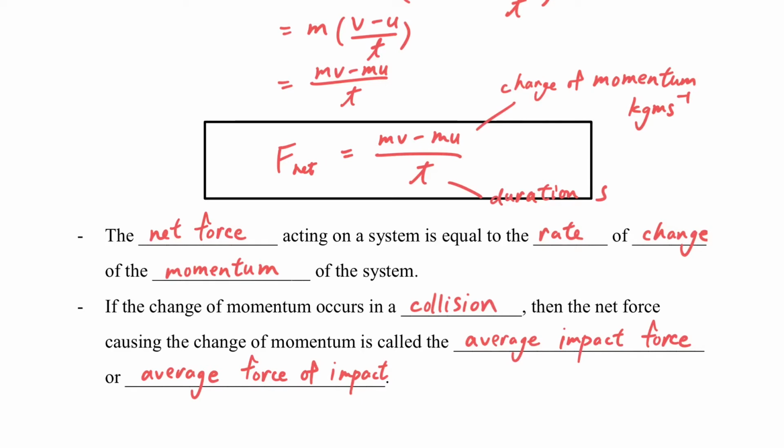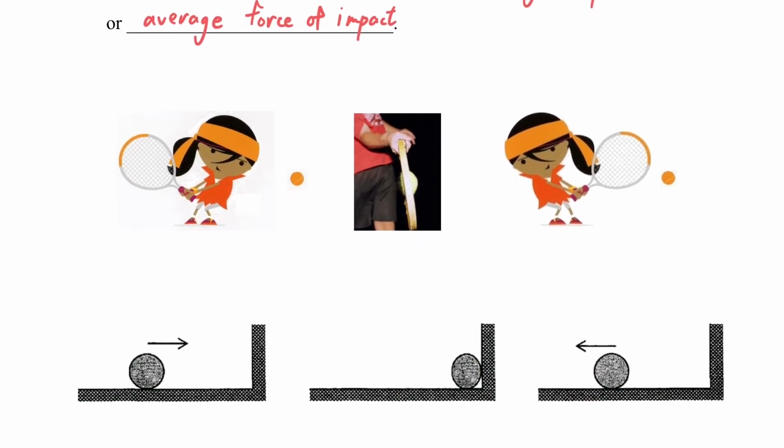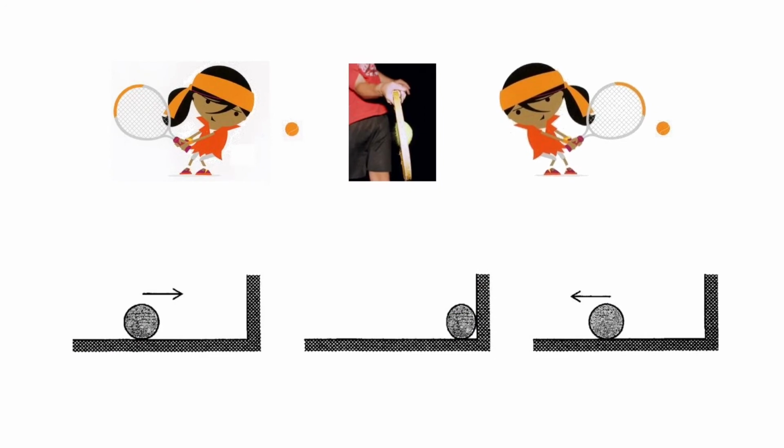Let's consider this. If we have a person playing tennis, for example, the ball with velocity u flies toward the person, and then she hits it back with a force, and the time t is the duration of the ball touching the racket.